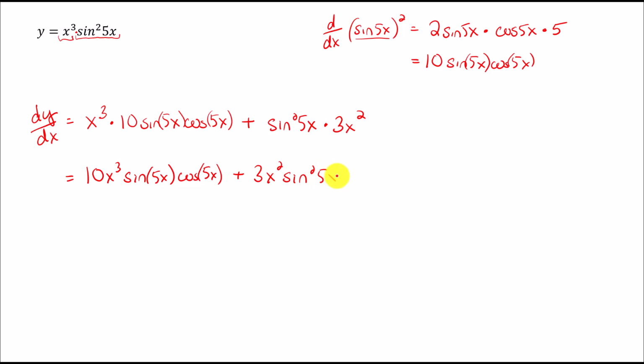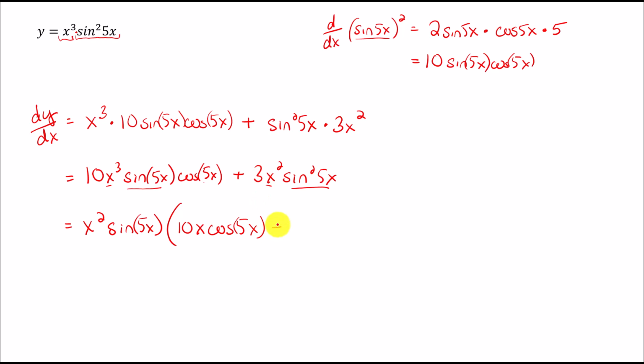sine squared 5x. Now, again, in this case, you could take out a greatest common factor. Let's see what that would look like. I have an x cubed and an x squared here, so I can take out x squared. And I have a sine 5x and a sine squared 5x, so I can take out a single sine of 5x. And then what I would have left is this 10x, and I would have a cosine of 5x.